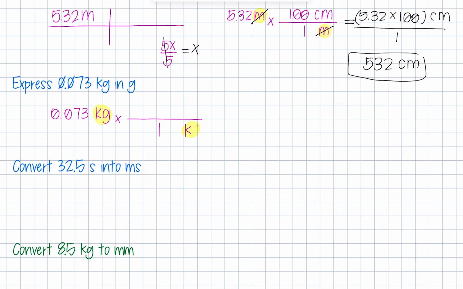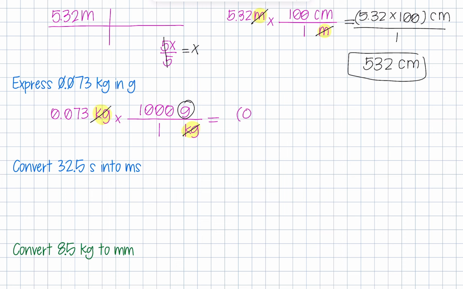So 1 kilogram is 1,000 grams. That's not the number 1,000. 1,000 grams. That's better. All right, so when I go through, my kilograms will cancel each other out, and I'll be left with grams.